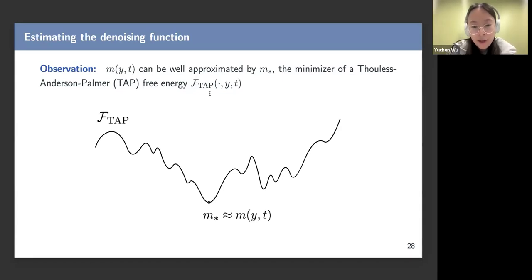To solve this optimization problem, we are going to do the following. We first show that although this function is not globally convex, in a small neighborhood of the global minimizer m star, the TAP free energy is locally strongly convex.